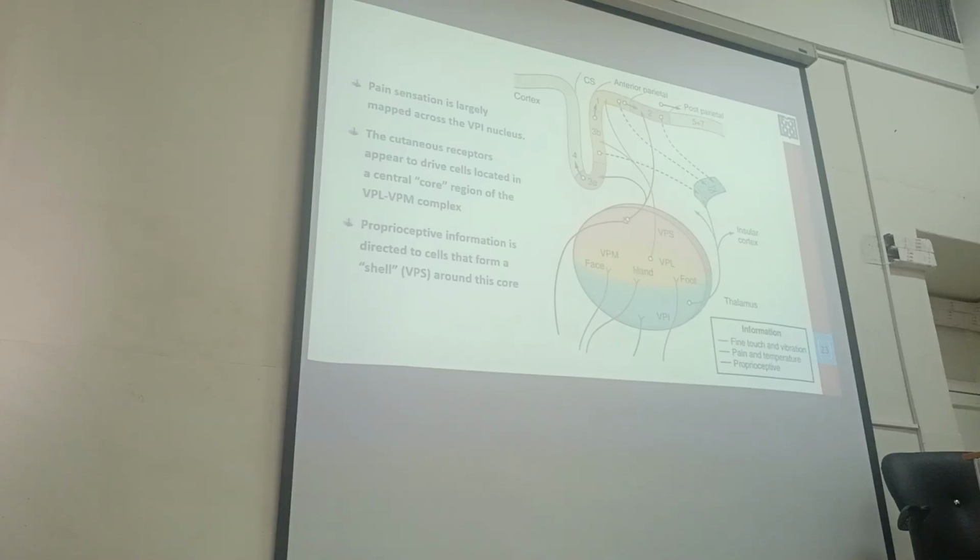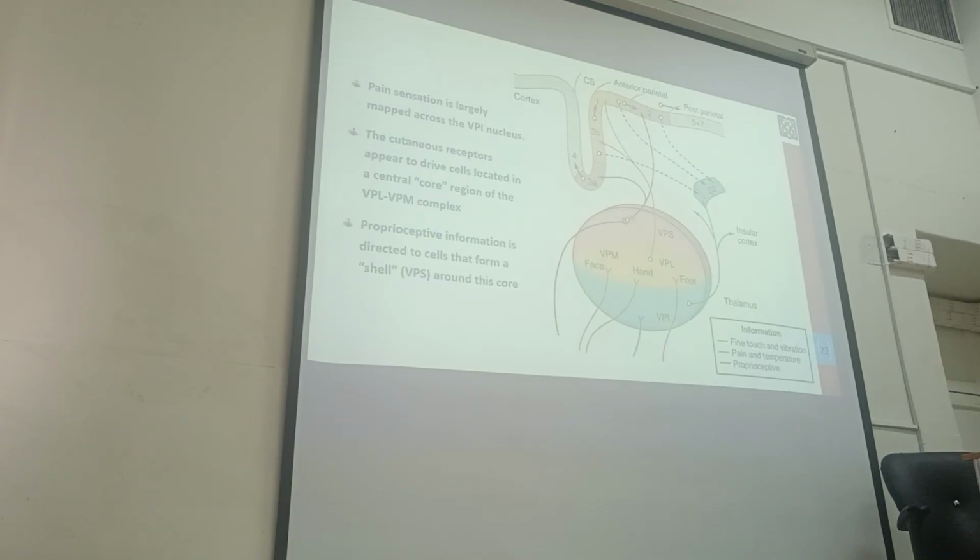Now let's see how fibers from these areas go to the cortex. So ventral posterior lateral and medial send information to Brodmann area 1 and 3B. So touch, pressure, and vibration go to these two areas. What about position sensation?